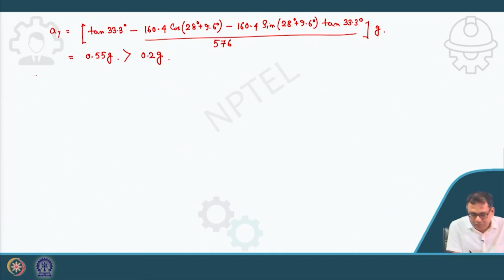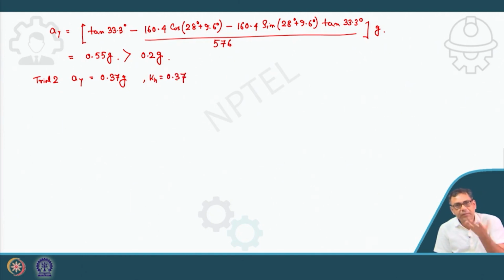So, in trial 2, we take the average value, and we assume that our AY in trial 2 is 0.37 G, say that is the assumption. If it is 0.37 G, then your KH will be 0.37.